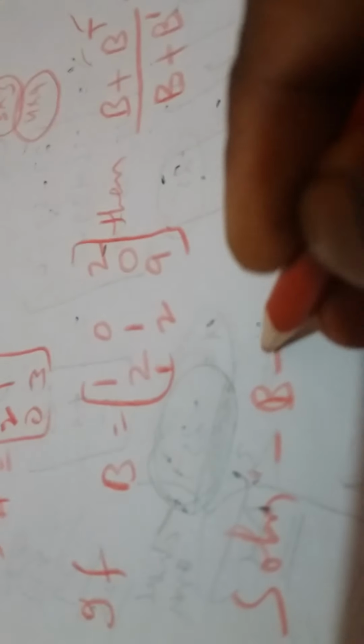Here one matrix is given, so we have the knowledge of this transpose. Transpose means interchanging. According to the data, the solution is 2 marks. Directly write. Given that B is equal to, write that matrix. B matrix is 1 0 2, 2 1 0, 1 2 9.